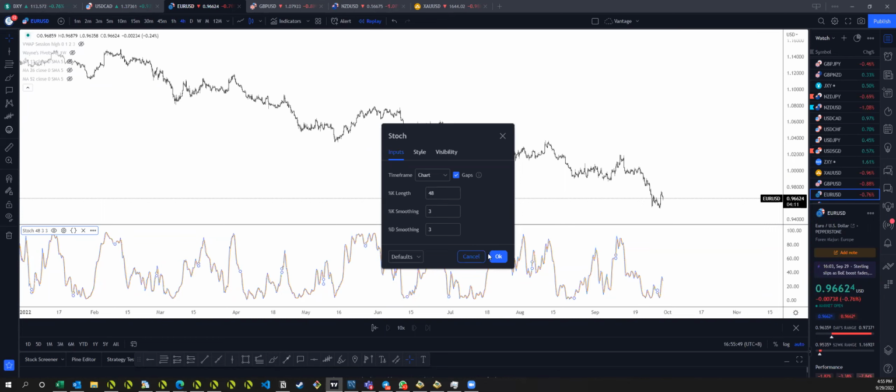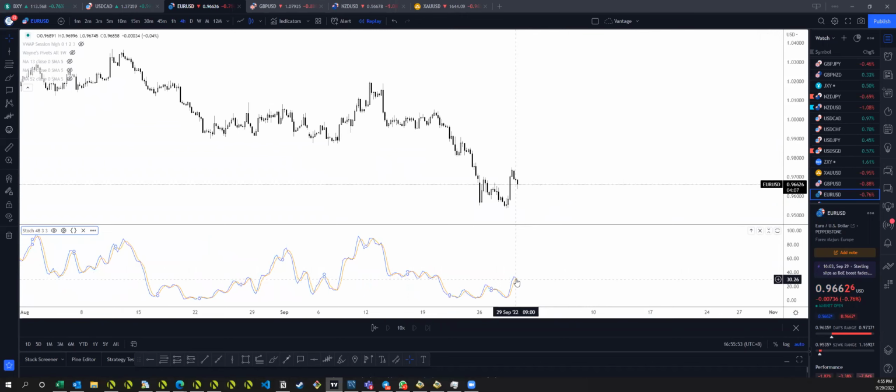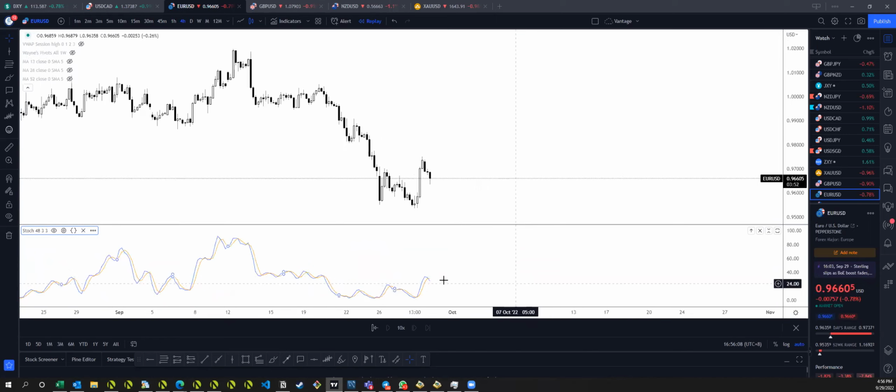So say for example, in the past 3 days, I have 3 values, and on each of these days I'm comparing against the price 48 days ago. So let's say I have a 20.36, a 28.7, and a 30. So this is a very sensitive value.